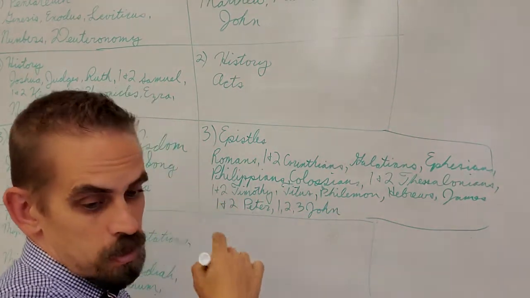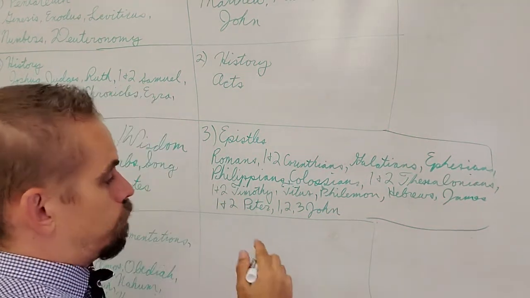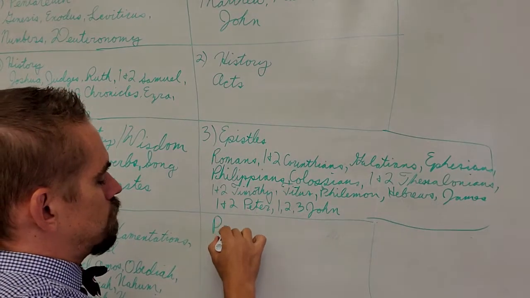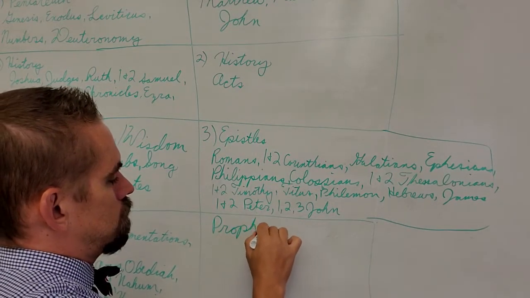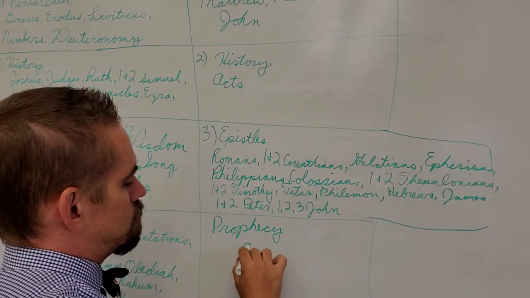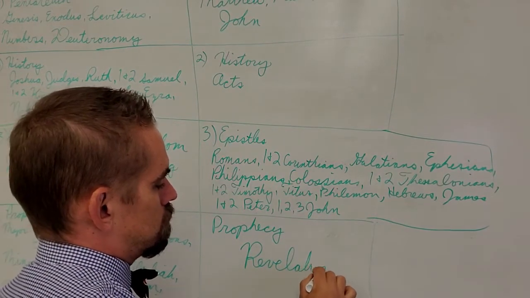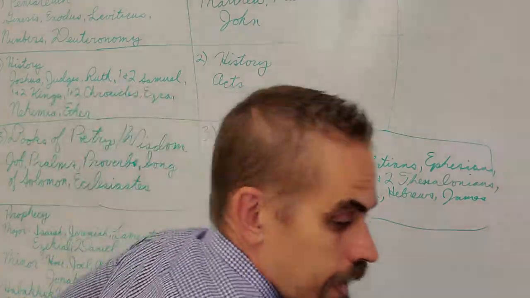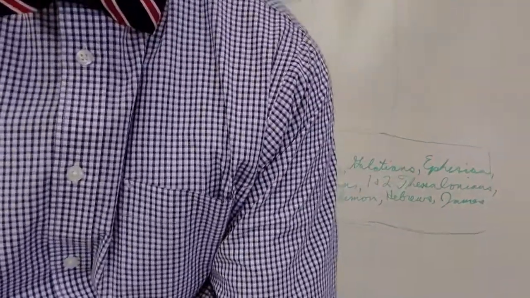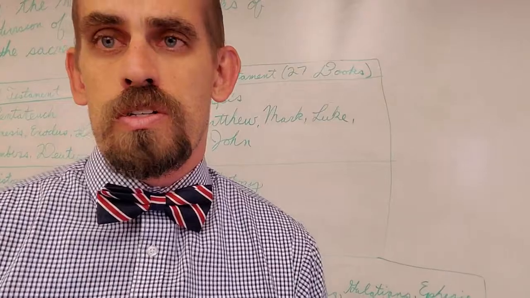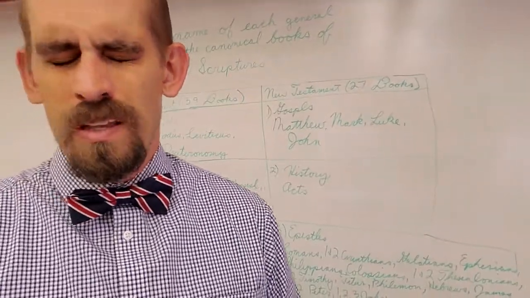And lastly, at the bottom, we've got a prophecy book in the New Testament. And that is the last one, Revelation. Those are your books of the Bible and how they're broken up.